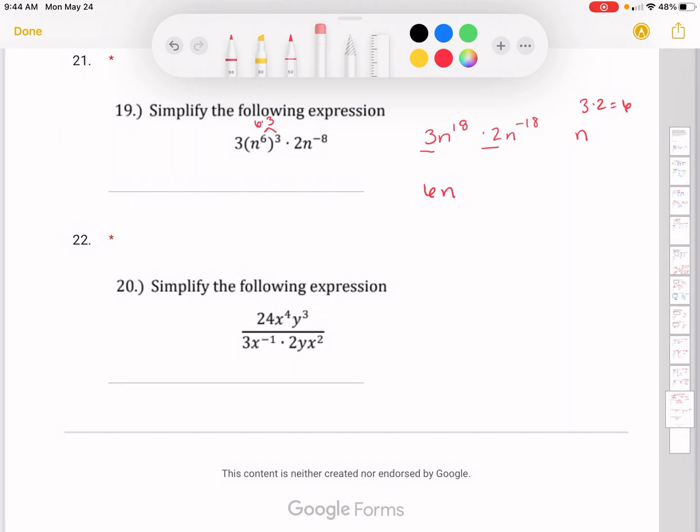Let me fix it. When you multiply, you add exponents. So it's going to be n to the 18 times n to the negative 8. That means you're doing 18 plus negative 8. That comes out to n to the 10. So our answer here would be 6n to the 10th.